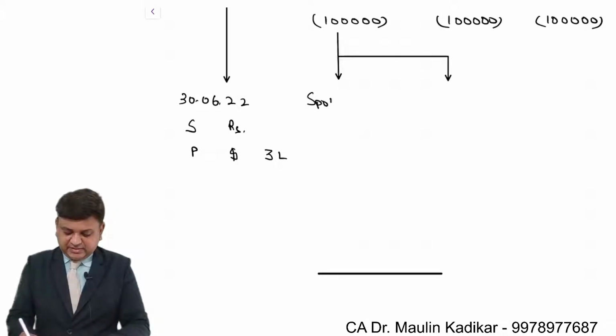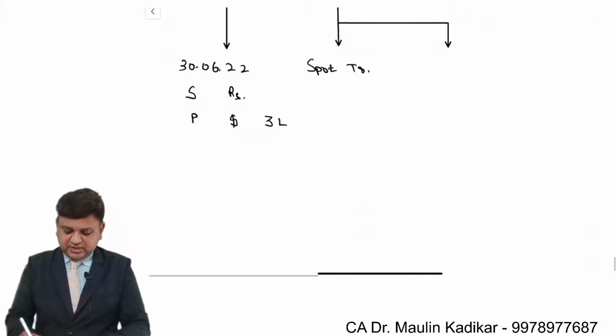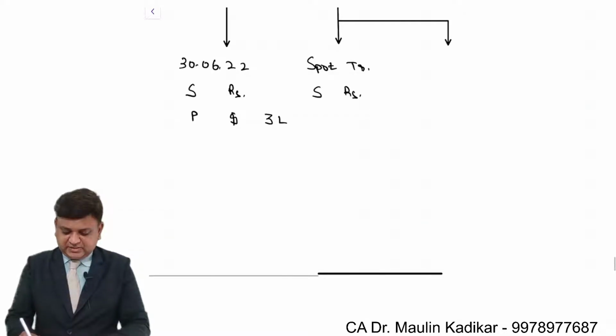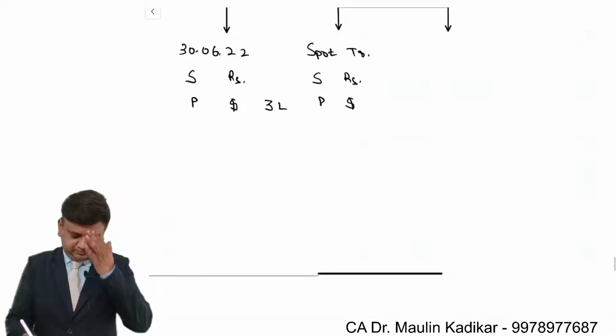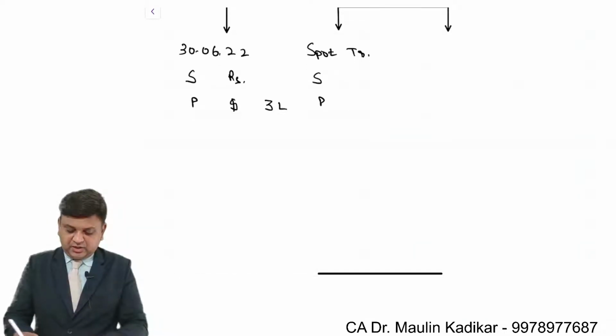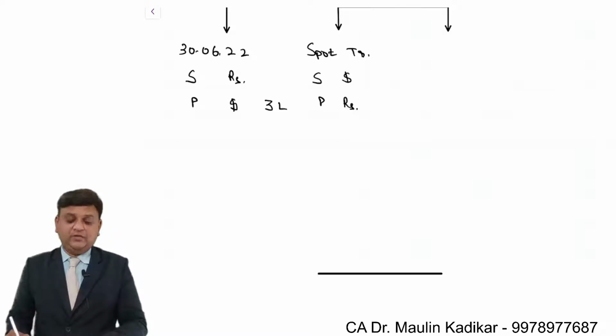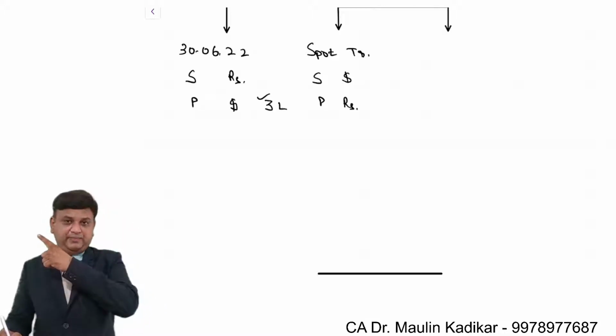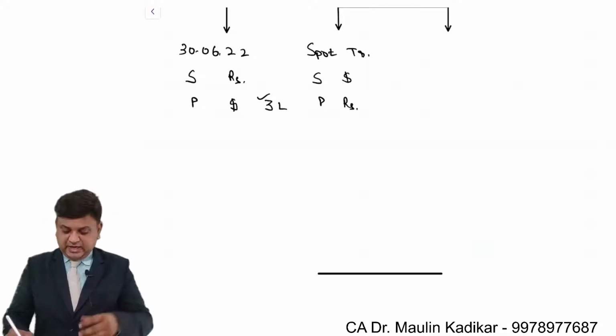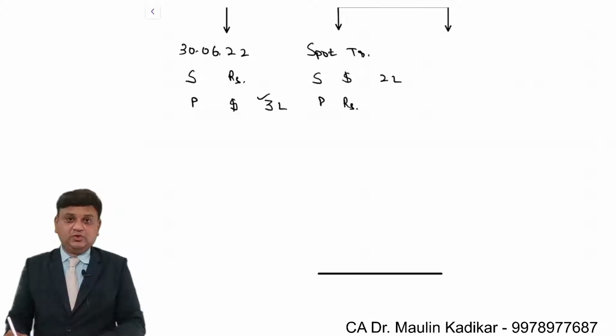As far as the spot transaction is concerned, it will be sell of dollar and purchase of rupees. Whatever this $3 lakh that you have purchased, out of that $1 lakh will be paid for the repayment of the loan, and the remaining $2 lakh will be sold in the spot market and you will purchase rupees.